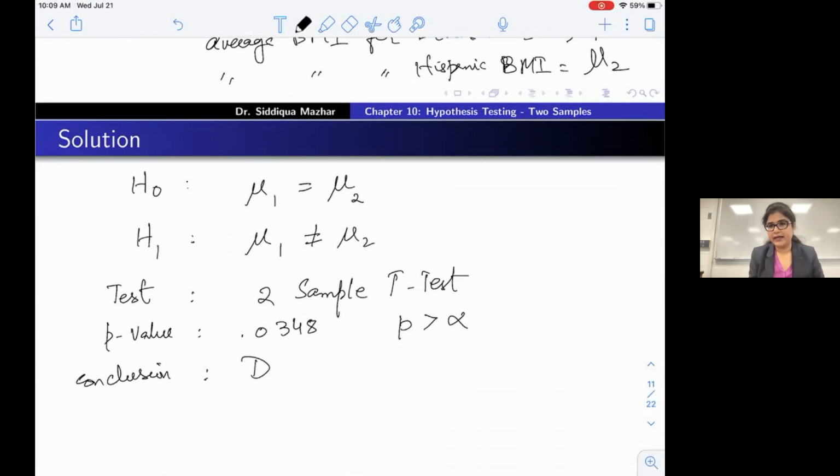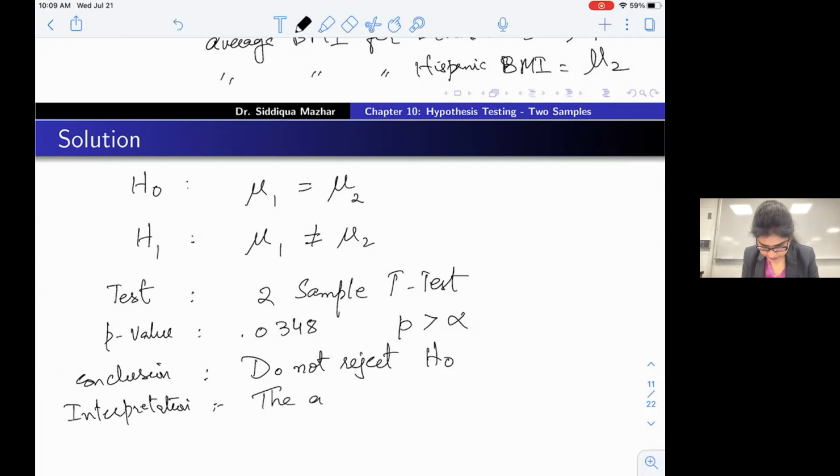So if it is greater than alpha, what is the conclusion? The conclusion is that we do not have enough evidence to reject our hypothesis. So it means we do not reject the null hypothesis. What is my interpretation? If I'm not rejecting, this means the average BMI for non-Hispanic Black people is close to the average BMI for Hispanic people in the United States.